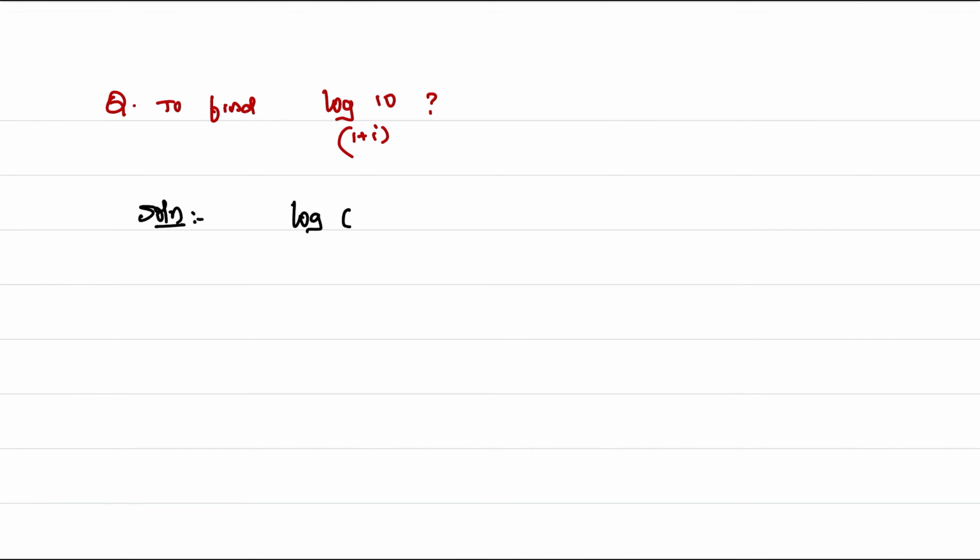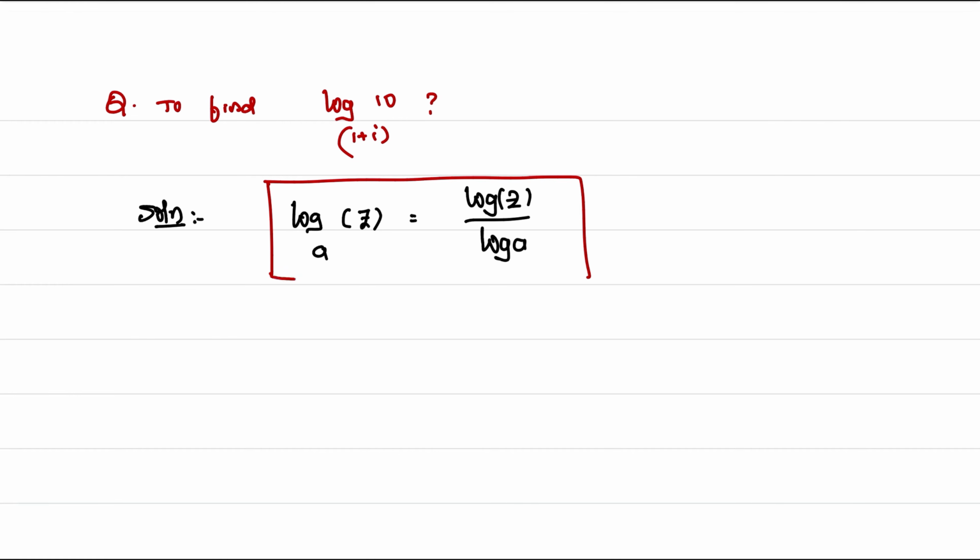Log of any complex number to the base a is equal to log of that complex number divided by log a. This is the definition. Please remember. Here, real number is a subset of complex number. You please remember.